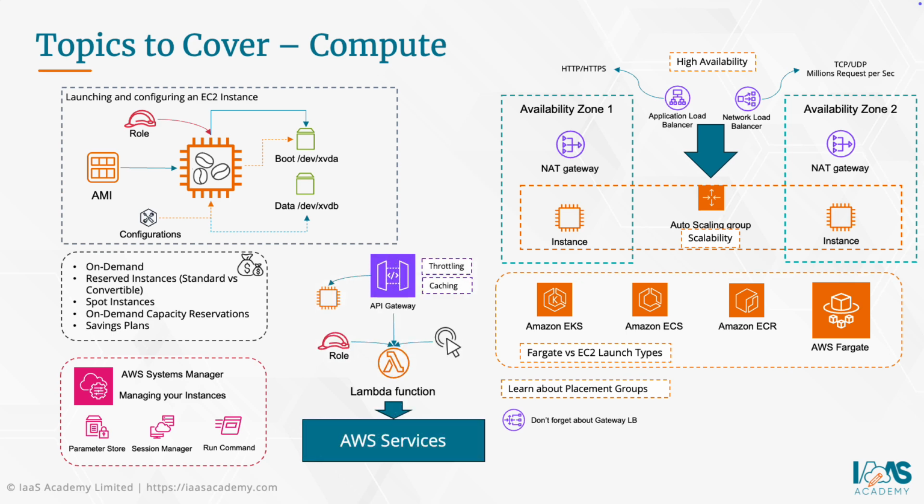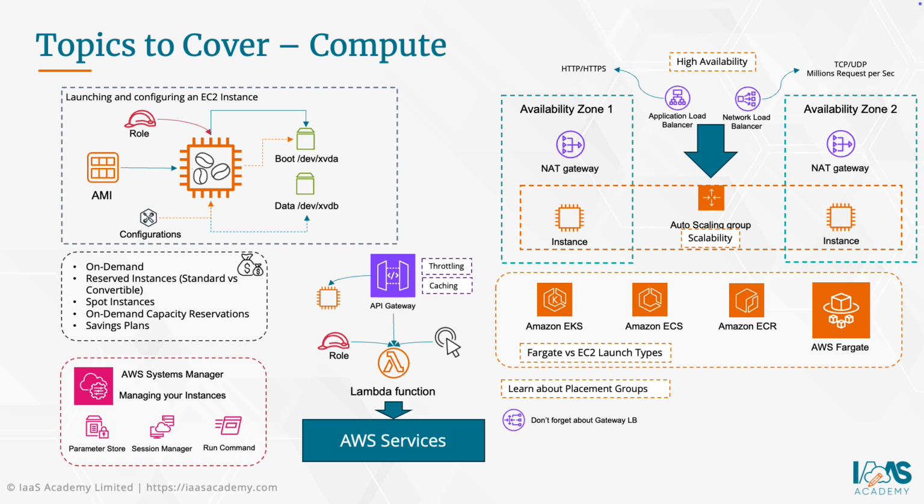Finally, let's talk about Lambda. So Lambda is an event-driven compute service. It needs to be invoked, usually in response to an event or on schedule, and it can interact with other AWS services to help you build a complete end-to-end serverless architecture. Accessing the Lambda function can be done via the internet using things like the API gateway. The API gateway acts as a front door for all of your API calls.